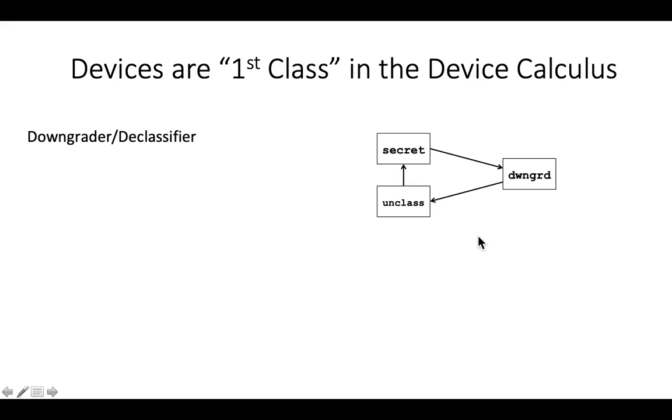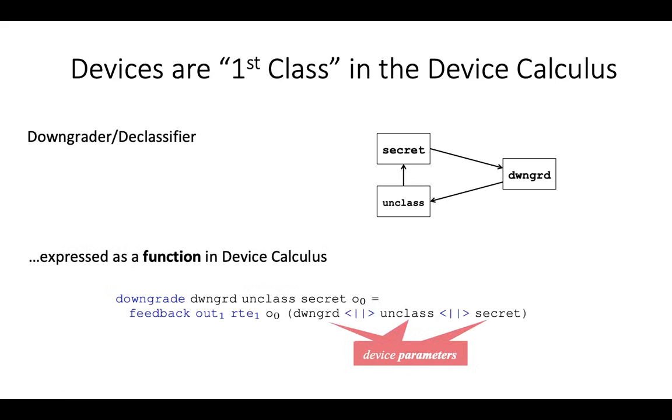Now, in device calculus, we can express this as a function. We have these three device parameters, and we put them in parallel, and then we connect them somehow. Again, the details are in the paper. But the precise meaning of what this function is isn't necessary to understand, other than to say, look, this is a way of defining, given three devices, a way of connecting them in a particular way that corresponds to declassification.